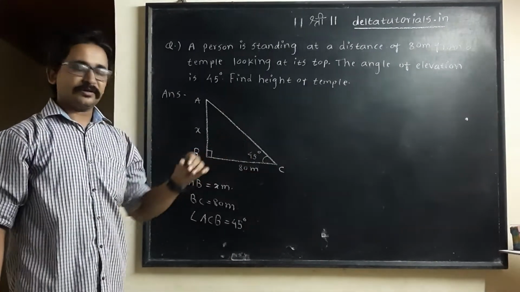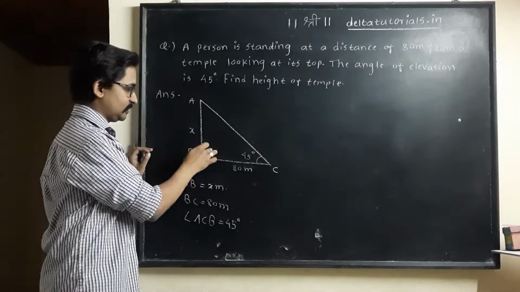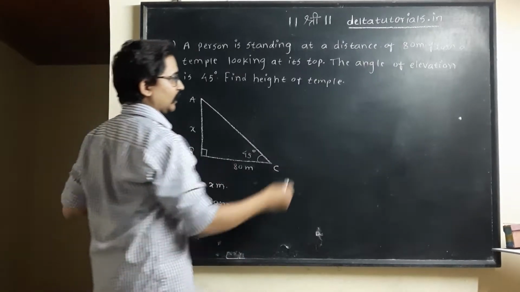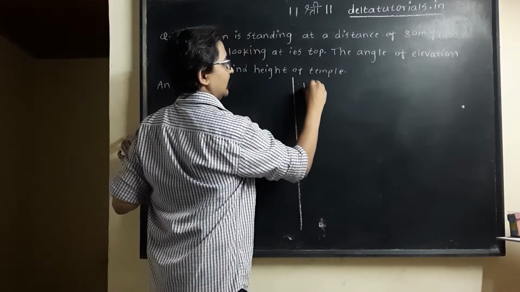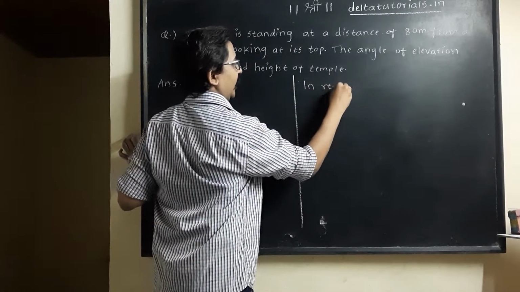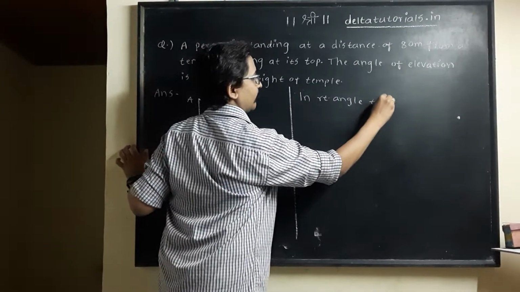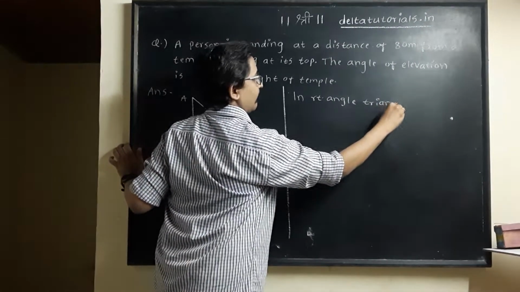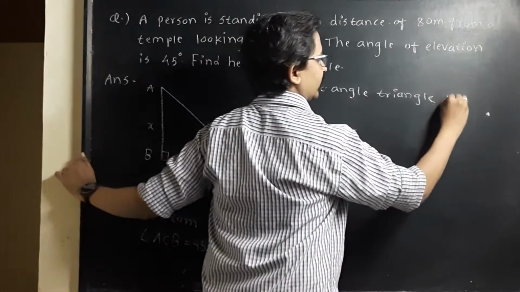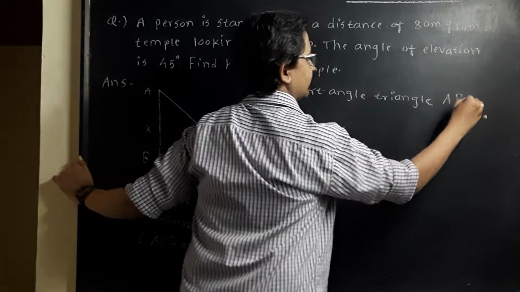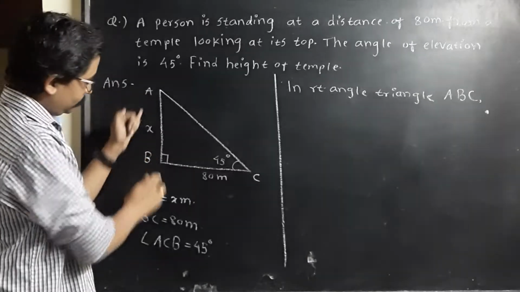Now we are going to use trigonometric ratio and we will find the value of AB. So this is a right angle triangle. So of course we can say that in right angle triangle ABC, we need to find this particular value, this height.